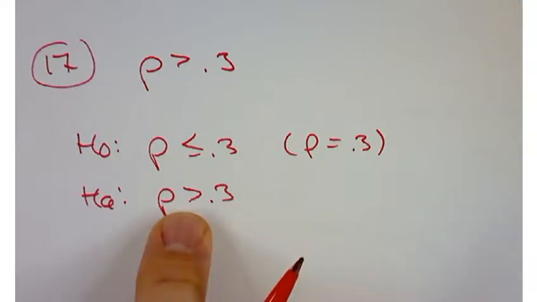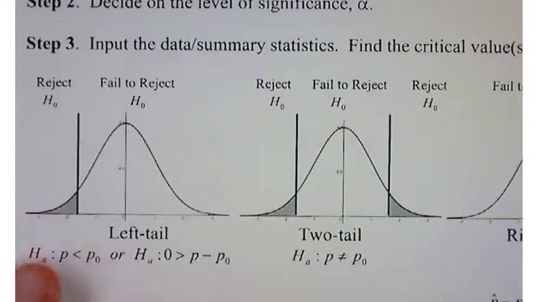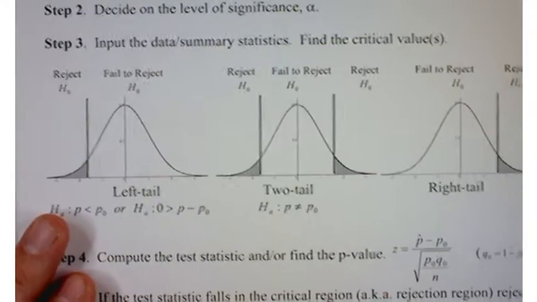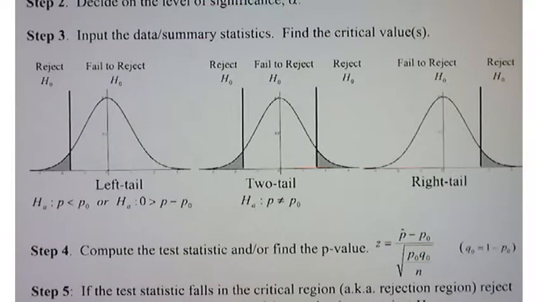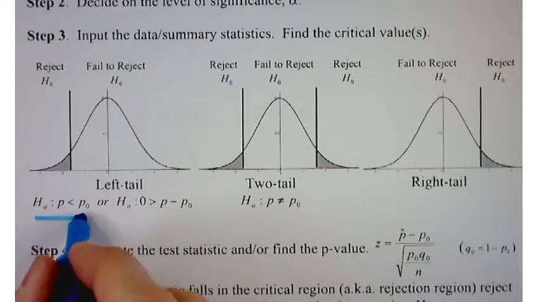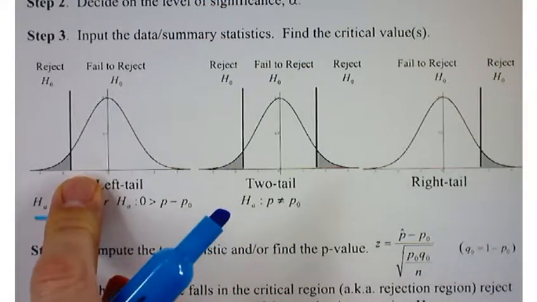Now, the form of the hypothesis test, the classical approach, is based on the idea that what tail test you're using is going to come from the alternative hypothesis. So if the alternative hypothesis is that P is less than some value, then it's going to be a left tail test.